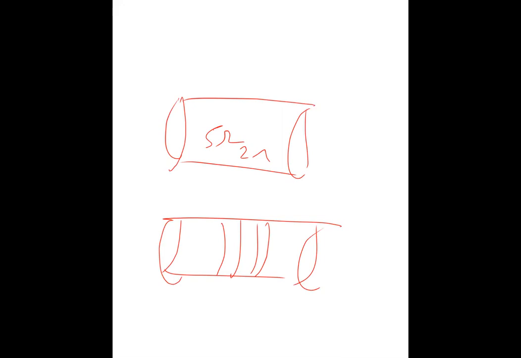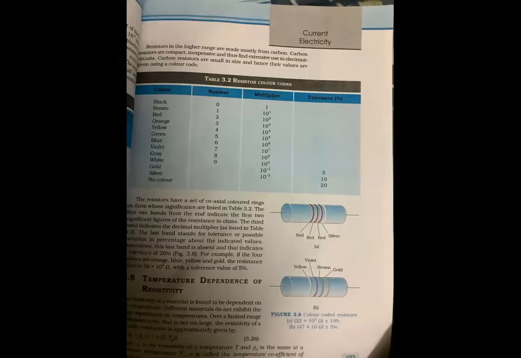That is given in table 3.2, on page number 103 of your book. You can see different colors, and there is a way of reading them.